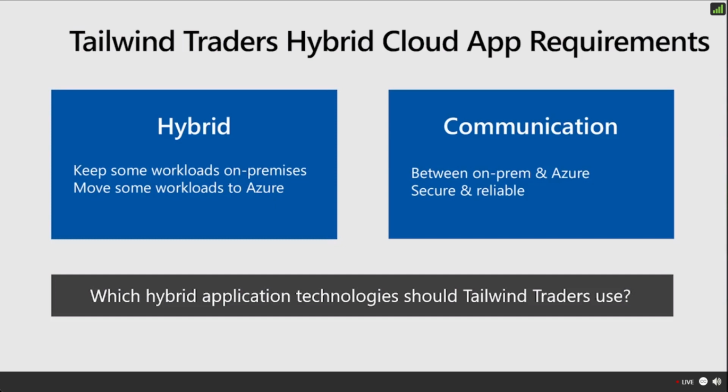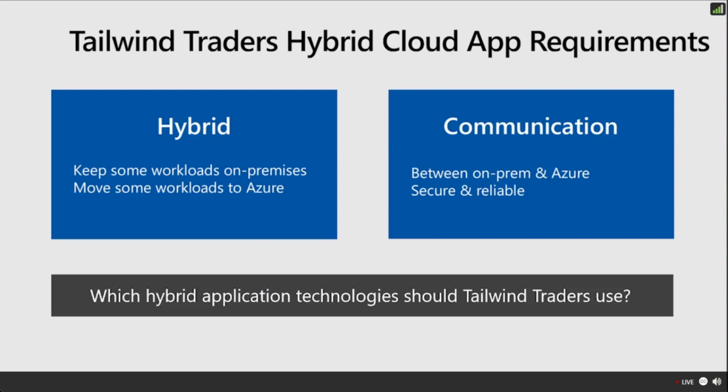The communication between on-premises and Azure needs to be secure and reliable. If an application is in a hybrid posture, what it cannot be is able to be intercepted if the traffic is passing from on-prem to Azure.